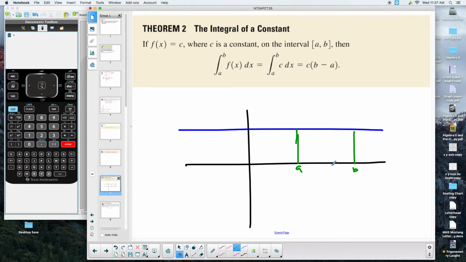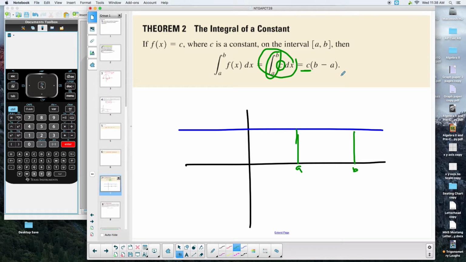I hope you all said rectangle, because that's a rectangle. So when integrating a constant, you're basically finding the area of a rectangle that is c high, or whatever your constant is, and then you subtract your limits of integration, and that's the width. So it's c times whatever b minus a is.